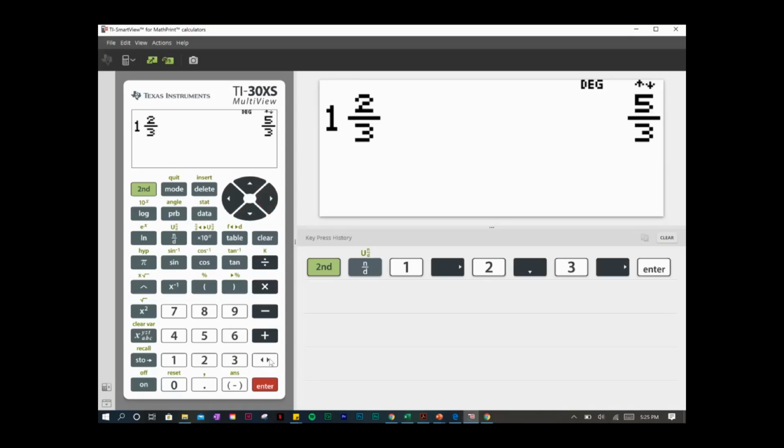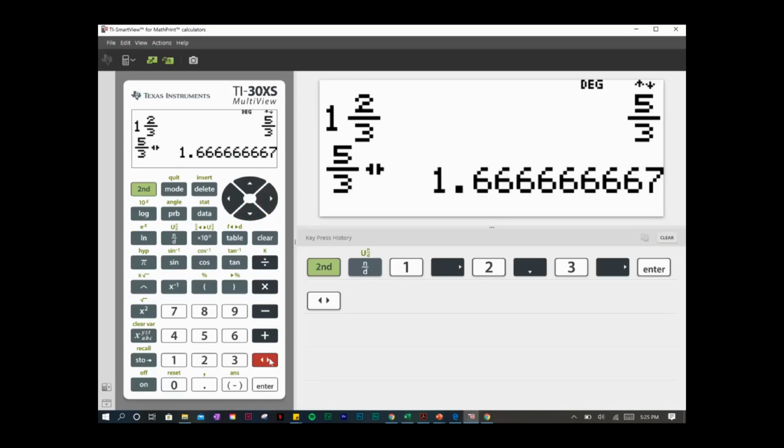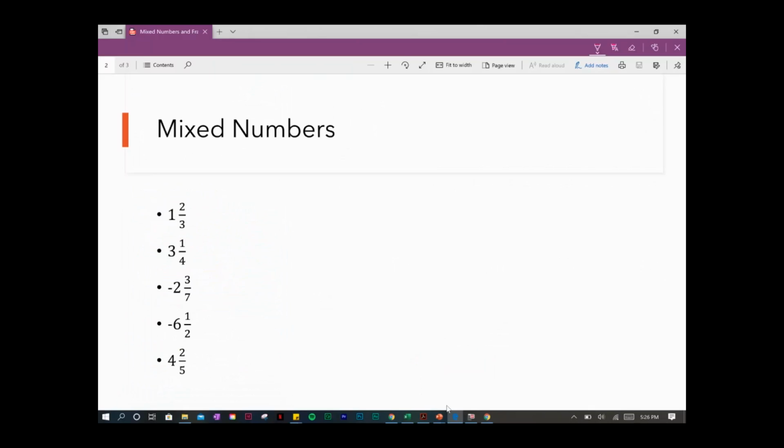And then if we hit the toggle button, it gives us the decimal form of 1.666. So 1 2/3 is equivalent to 5/3, which is equivalent to 1.67 as a decimal.